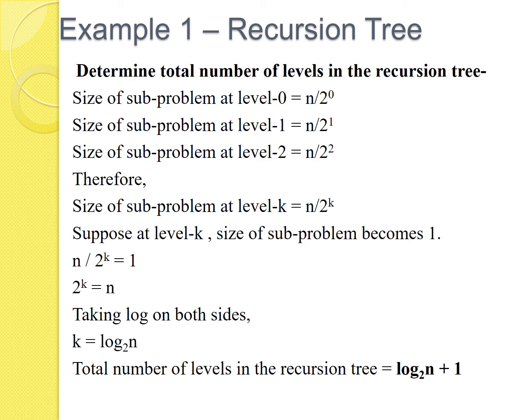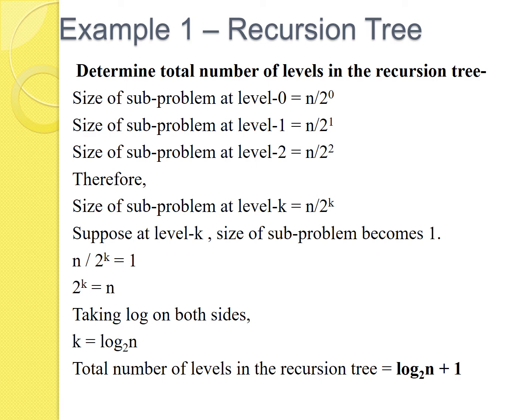To solve the nonlinear recurrence relation that is represented by the recursion tree, we need to determine the total number of levels in the recursion tree and also the cost at each level. Let us determine the total number of levels in the recursion tree.